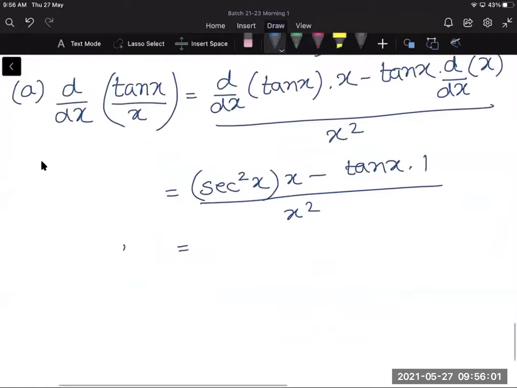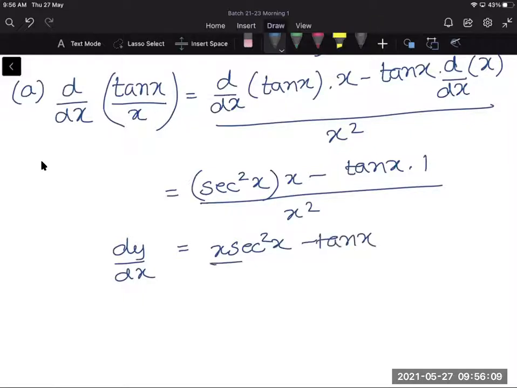So dy by dx is equal to x sec square x minus tan x upon x square. I think most of you got this right. हाँ, good.